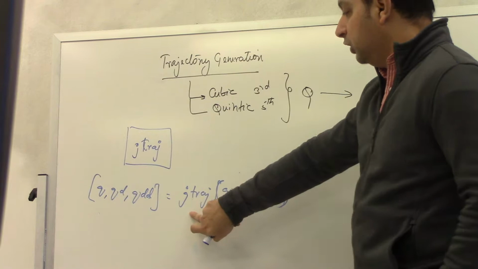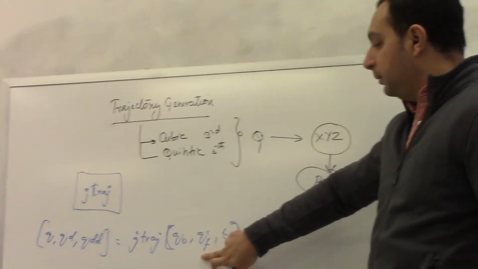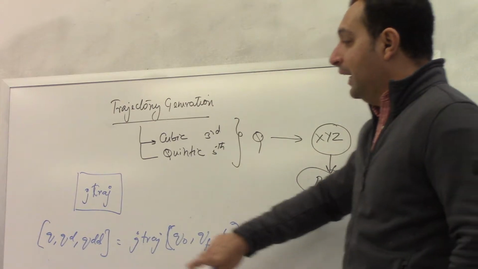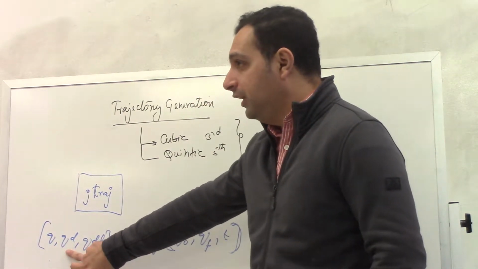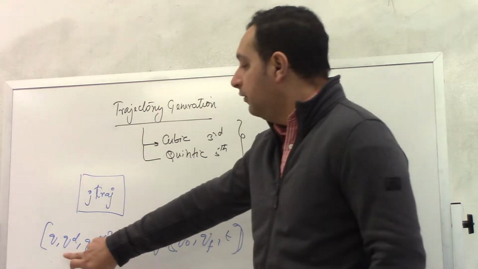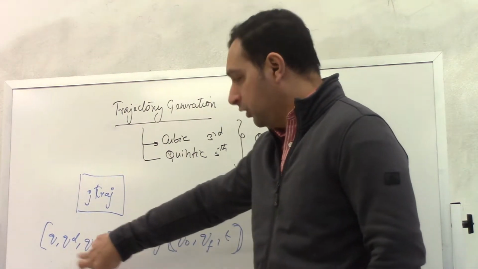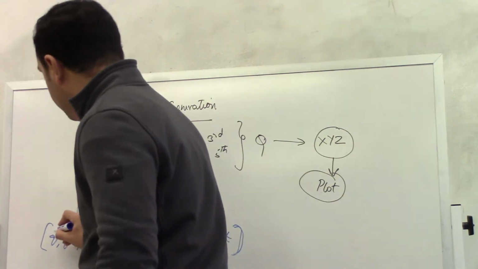This is joint trajectory, starting joint position, stopping position, your time vector. It will return the q vector, velocity vector. qd is q dot, qdd is your acceleration. We are not going to use these two because we are not trying to see how fast it moves, but we are trying to plot the X, Y, and Z. So we need this right now.